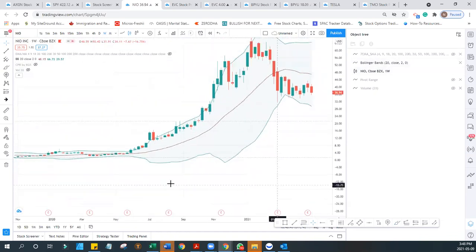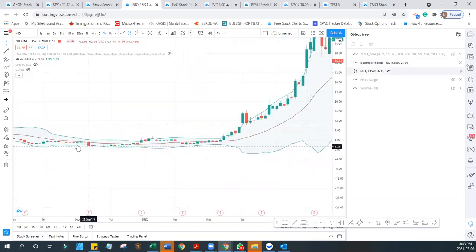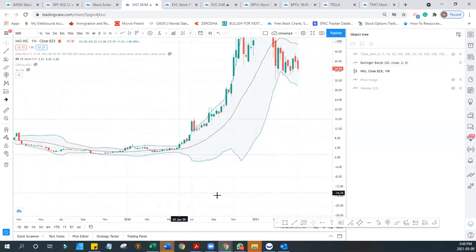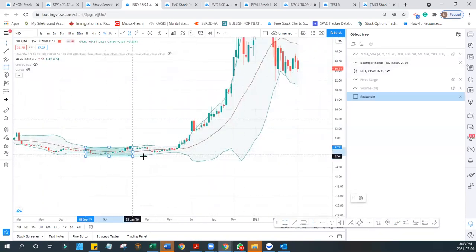So if you see the price here, price was narrowing on the weekly time frame. If it happens on the weekly, it is very bullish or bearish. What did I say? Price always follows the bigger time frame.